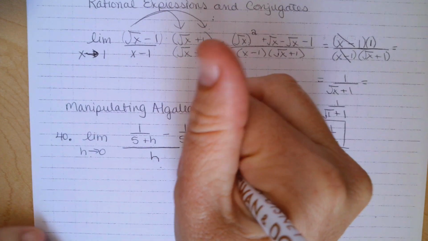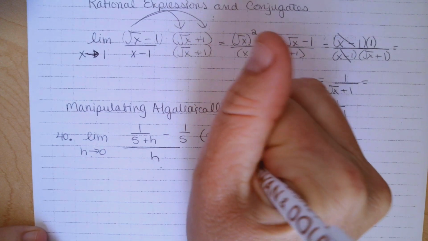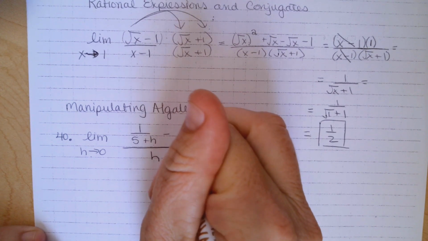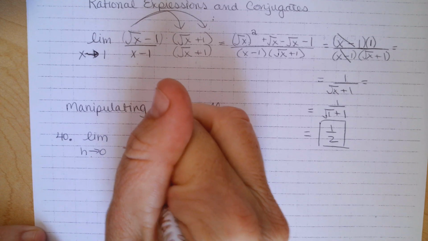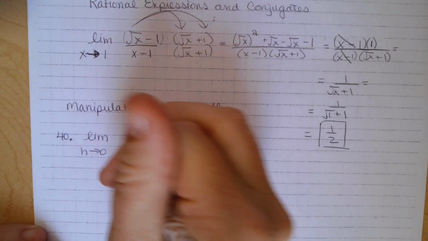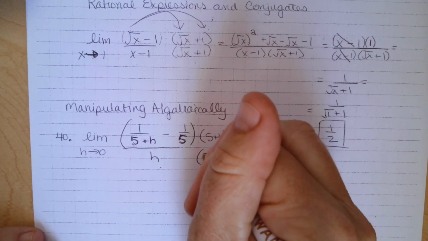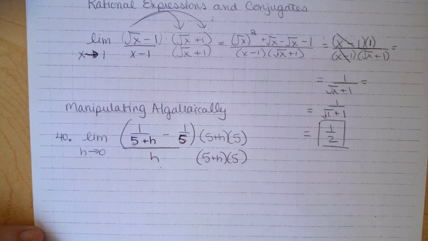So let's go ahead, and what happens if I multiply this by 5 plus h times 5? Why would I do such a thing? Okay, so let's see what we end up with here. If I'm going to multiply, I have to multiply, obviously, the top and the bottom.